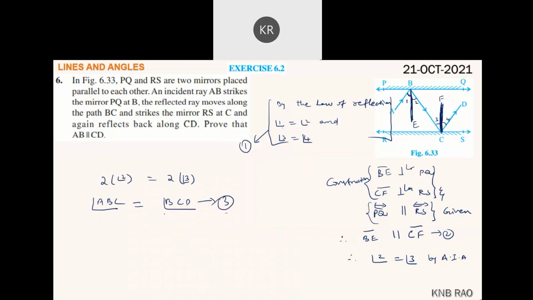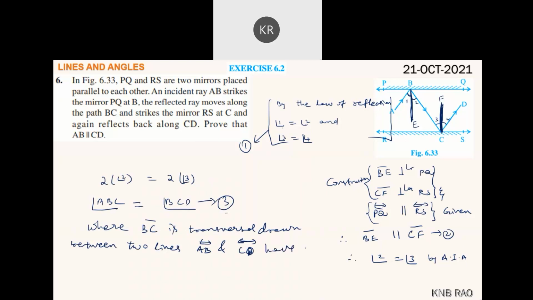Thus, if angle ABC equals angle BCD, where BC is transversal drawn between two lines AB and CD, having the angles ABC and angle BCD as what type of angles?